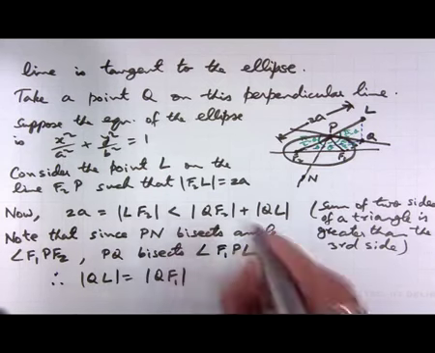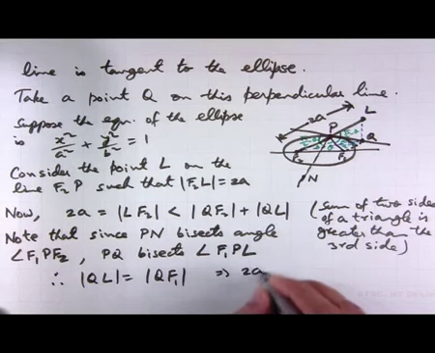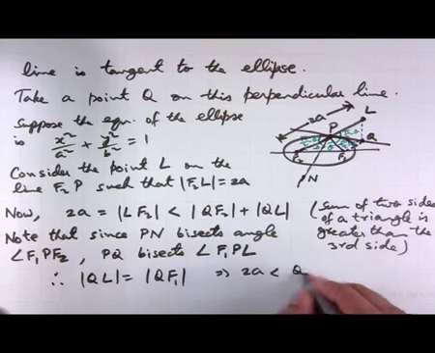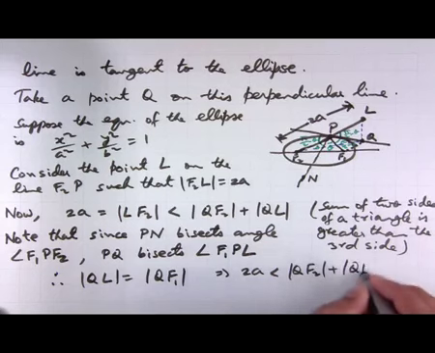So, what does this imply? This implies 2a is strictly less than Q F2 plus Q F1.